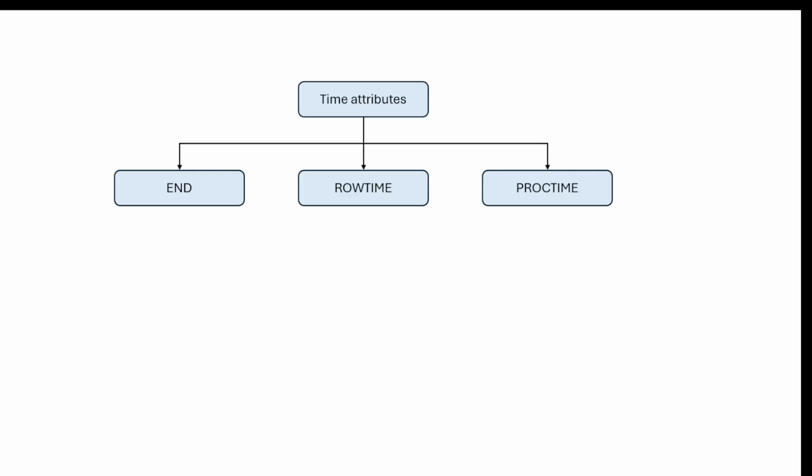When the event processing function was triggered, whatever the Unix timestamp epoch value on that system is at that time, it will assign as the processing time, or proc time. But if we want to process events based on the event time, then we will have to use row time. Row time is the time at which the event was created rather than the time at which the event is getting processed. So these are different time attributes.